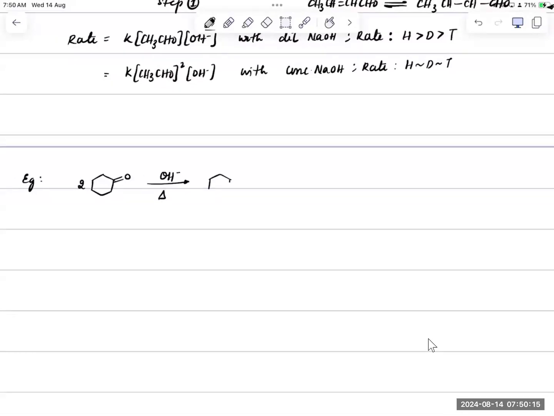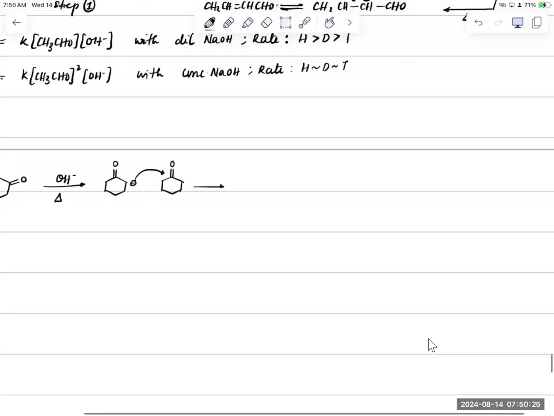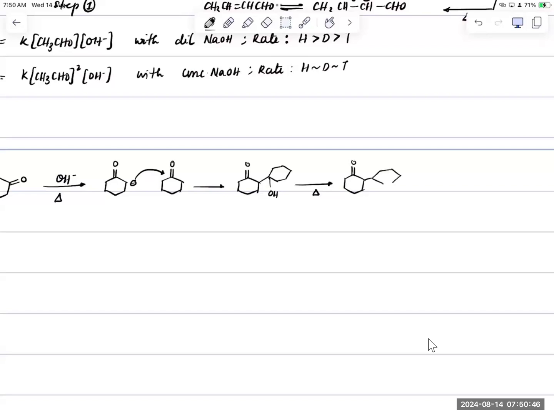We will make this double bond O minus with 1 mole and double bond O. Then it will attack this one, and that's how subsequently you can make a six-membered ring with double bond O and OH here. On heating, it will make a double bond formation here. This is the final product form.